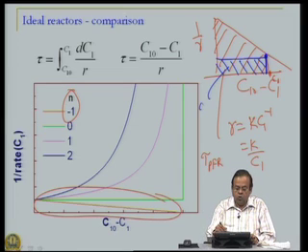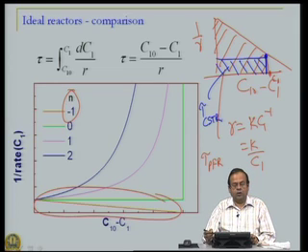So, this blue is residence time for stirred tank reactor. And now, what do we see? We see now exactly the opposite phenomena, that is area under the curve is larger than the area of the rectangle, which implies that the residence time for stirred tank reactor is now lower than the residence time for a plug flow reactor.